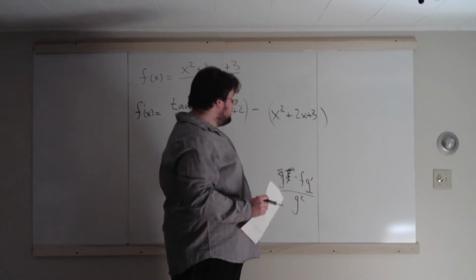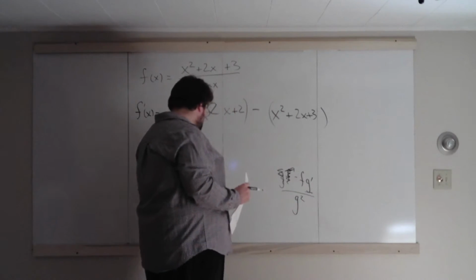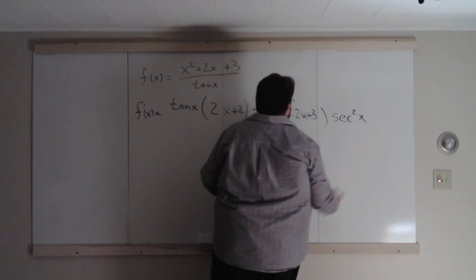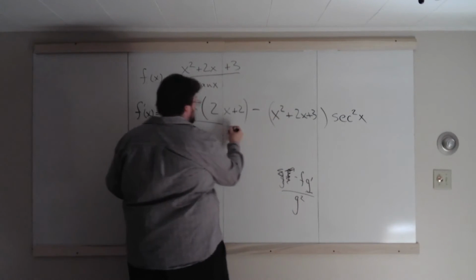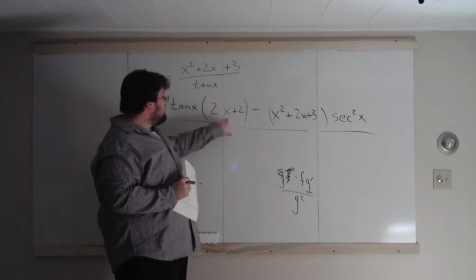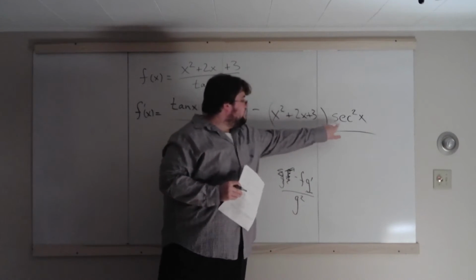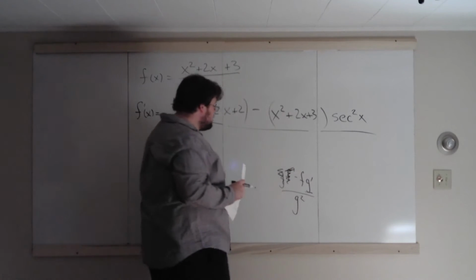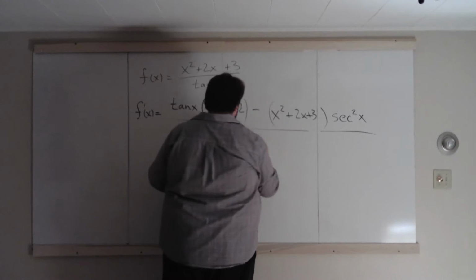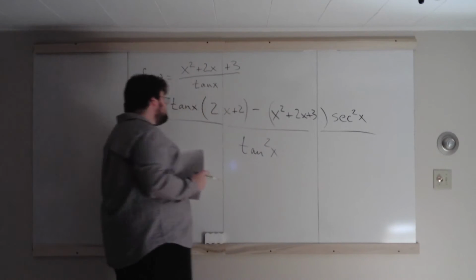Derivative of tangent was secant squared. So just write that. So we have bottom, derivative top, minus top, derivative bottom, all over bottom squared. Bottom squared, just tangent squared of x.